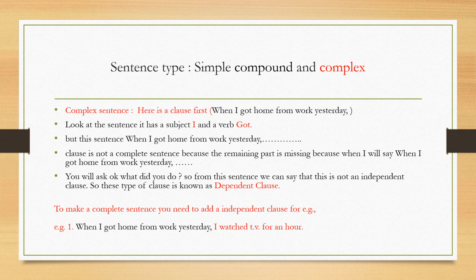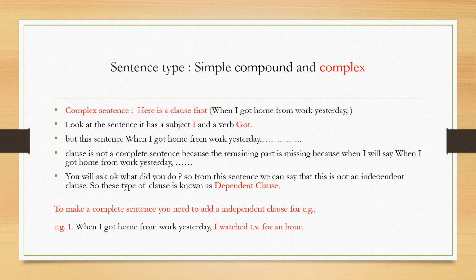Because if I say I watched TV for an hour, that makes a complete sentence. It does not require the remaining part of the sentence, that is, when I got home from work yesterday. So again, when I got home from work yesterday is a dependent clause, and I watched TV for an hour is an independent clause.